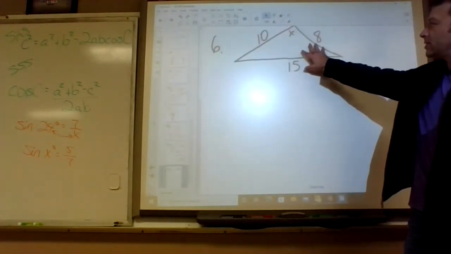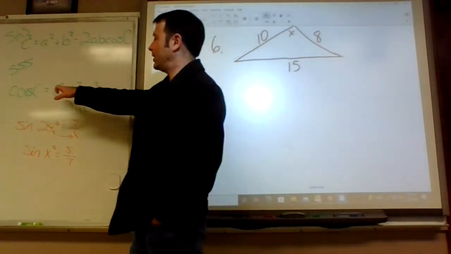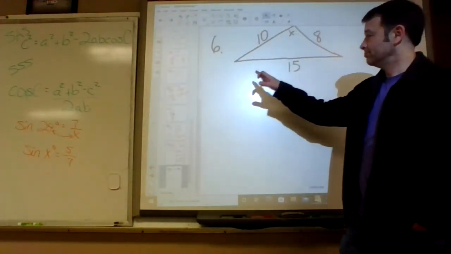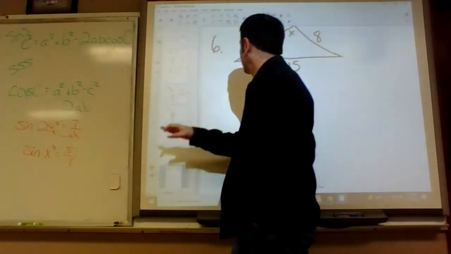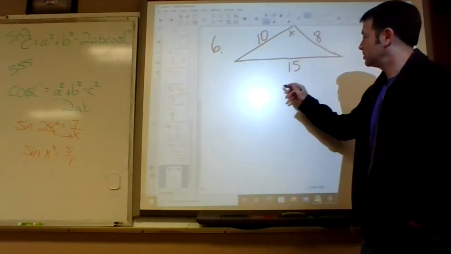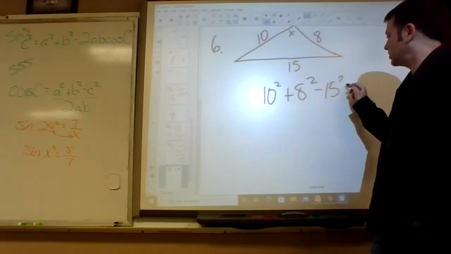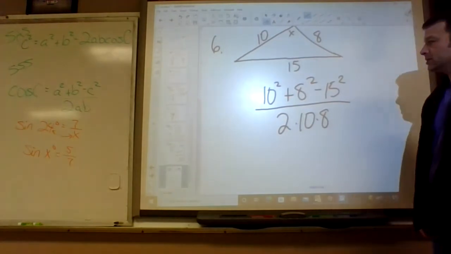Okay, this is the law of cosines. Side is law of cosines too, but we're looking for the angle, so we need this one: a squared plus b squared. C would be the side opposite the angle. So 15 squared will be my c squared. So 10 squared plus 8 squared minus 15 squared, over 2 times 10 times 8.